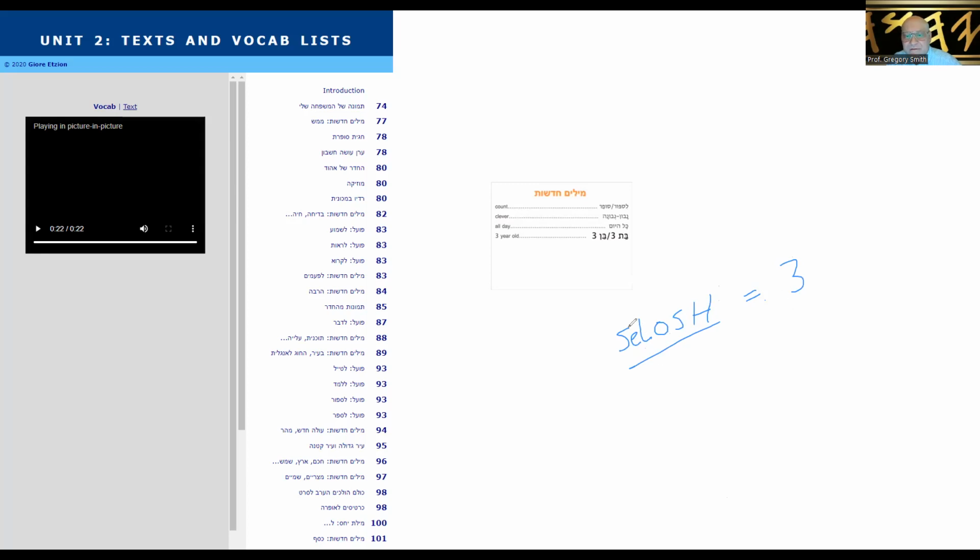Actually, let's see if I can do that a little better. S-H-L-O-S-H. How about that? That's even better. Shalosh. Shalosh means 3. Okay, so these ones here are going to be the new ones.